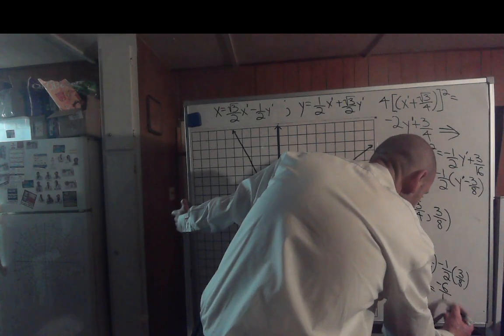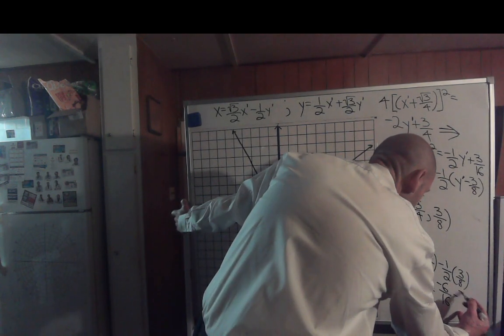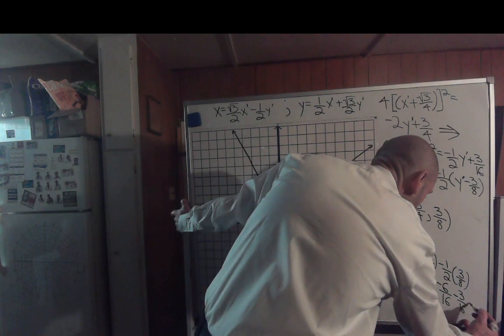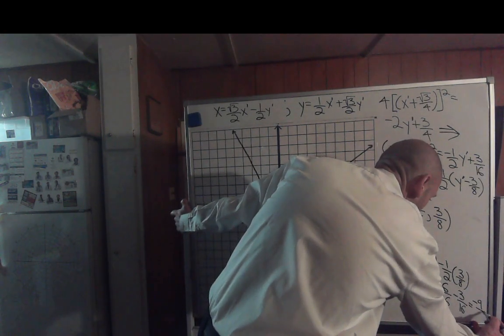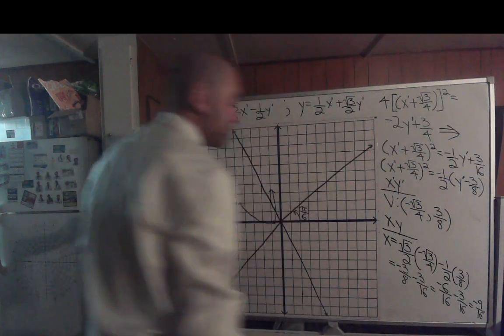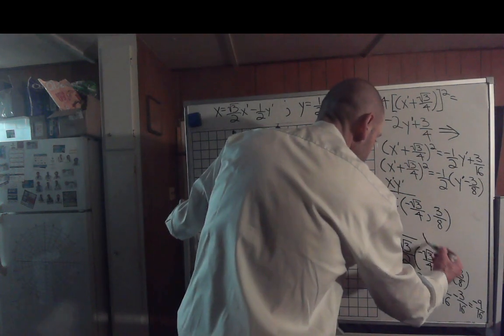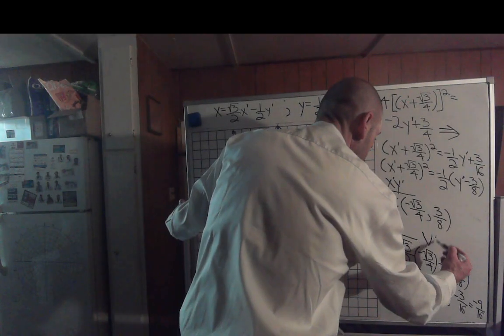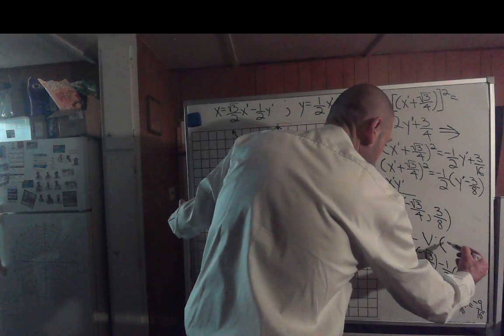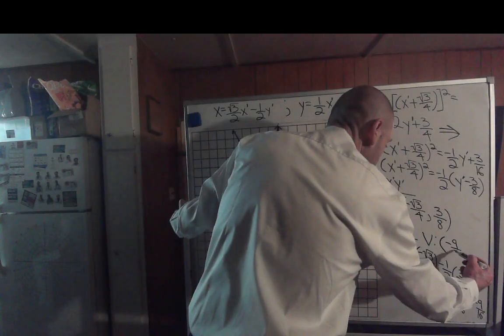So that should be negative 6 over 16 minus 3 over 16. So my x coordinate should be negative 9/16. So the vertex for the xy plane, the x coordinate is going to end up being negative 9/16.